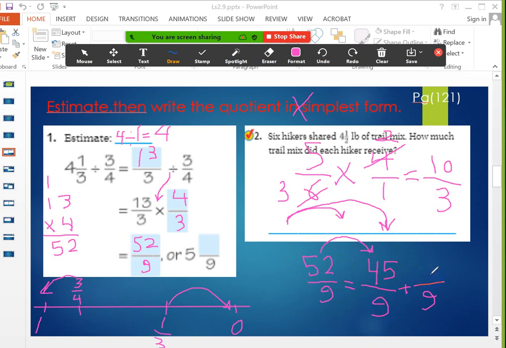The number left will be 7. Not 6, Lena, it will be 7. So 45 divided by 9 equals 5, and 7 over 9 will be the same. So the mixed number will be 5 and 7 over 9.